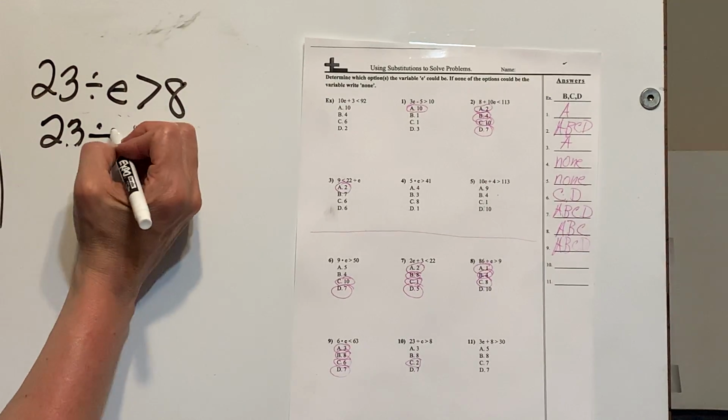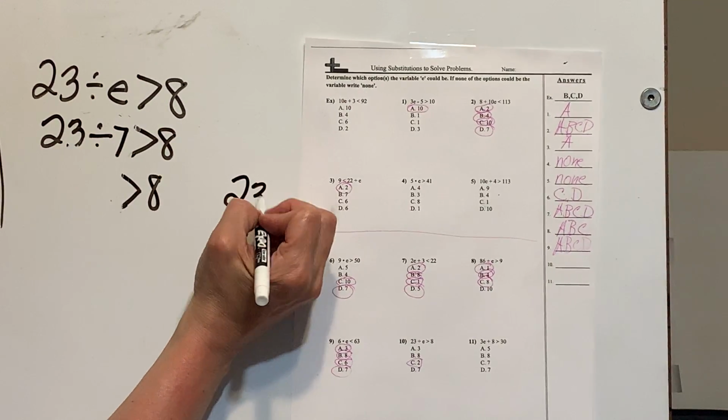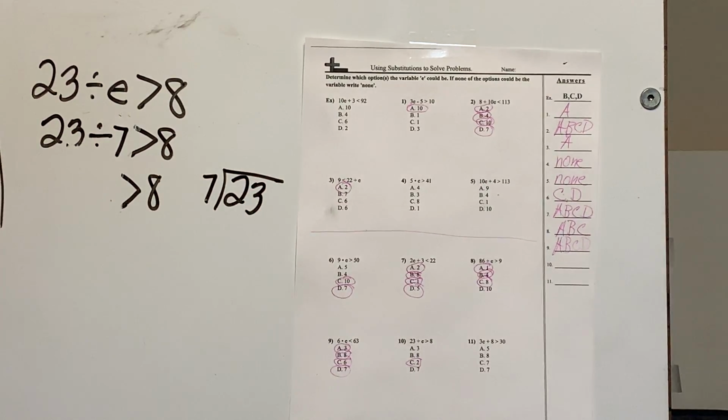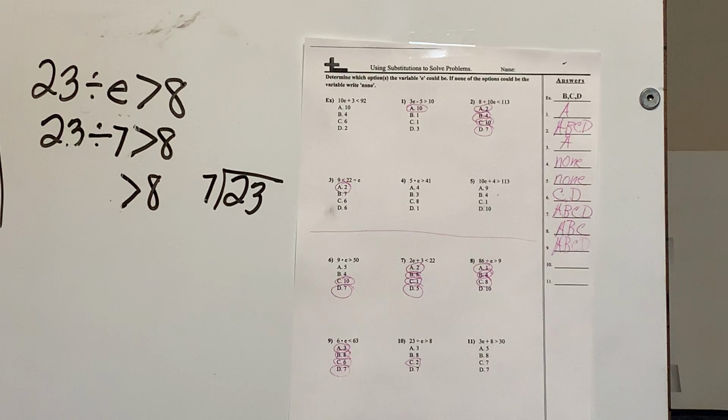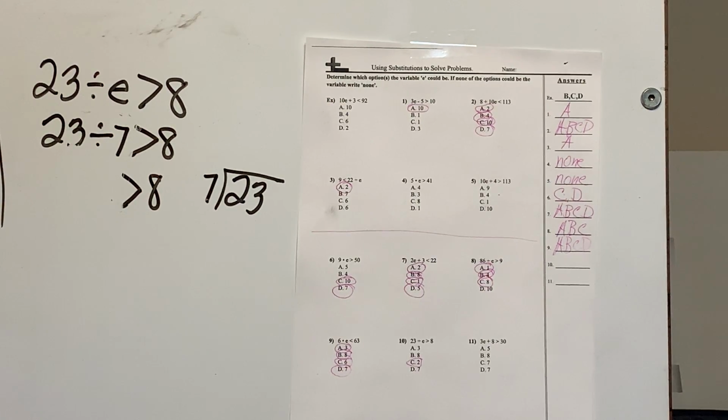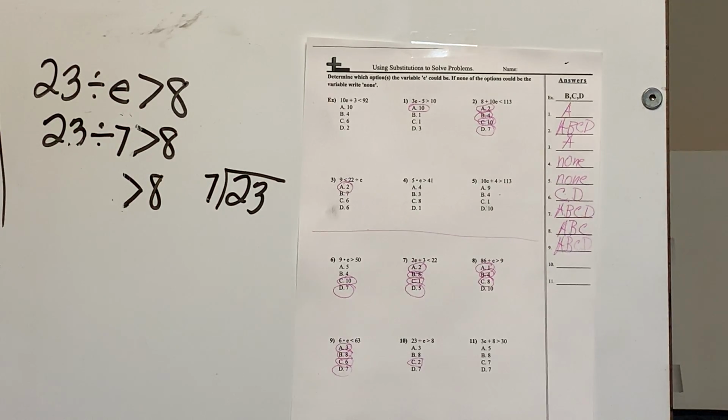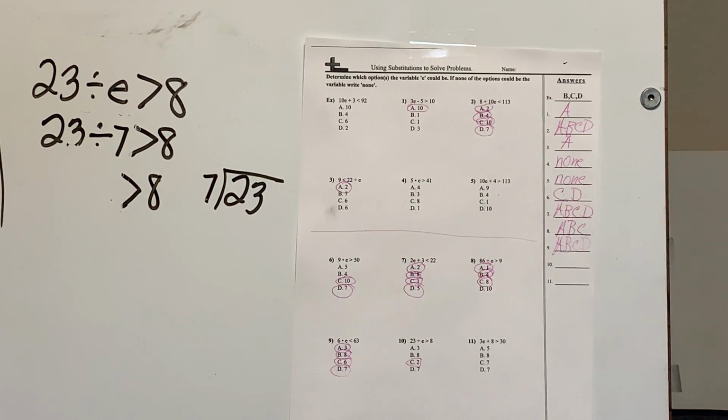All right. My next number is 7. 23 divided by 7. So I've got something times 7. So I've got to count by 7s. 7, 14, 21, 28. So I can't do 4 because that's 28.